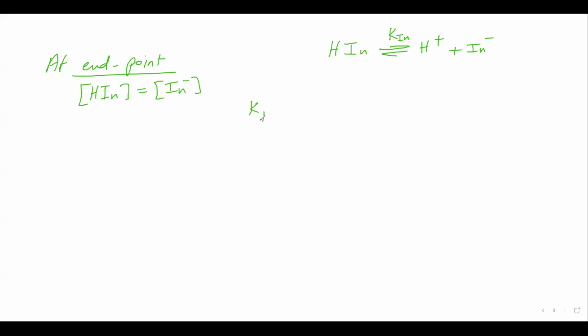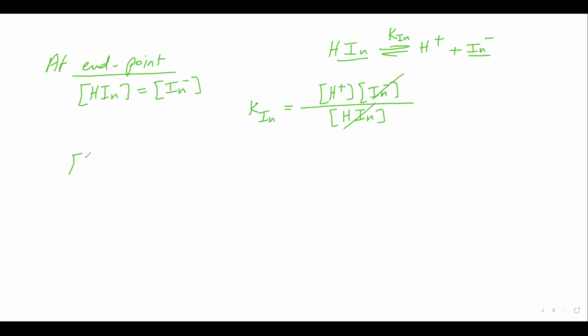As we studied, the equilibrium constant is equal to the concentration of the hydrogen ion times the concentration of the IN negative divided by the concentration of the HIN. Since at the end point the concentrations of both species are equal, these are going to be canceled.